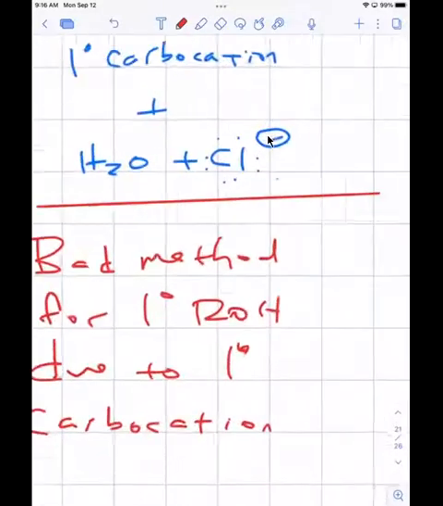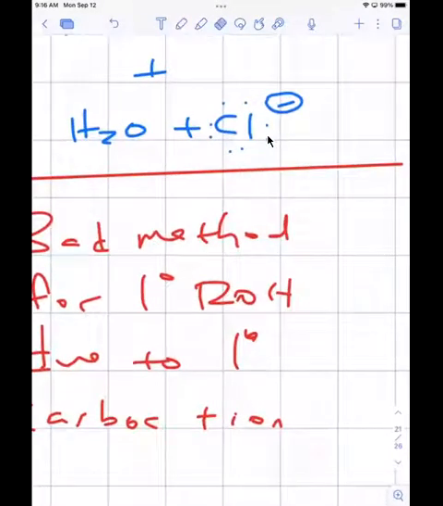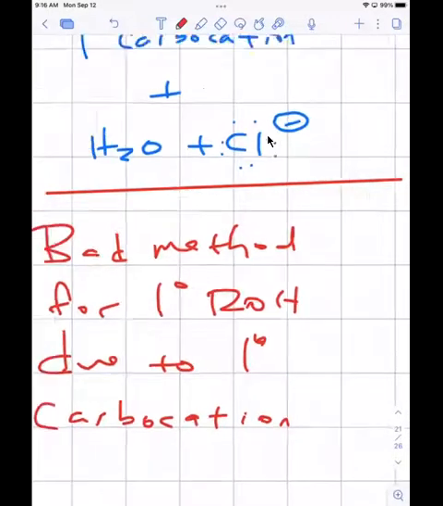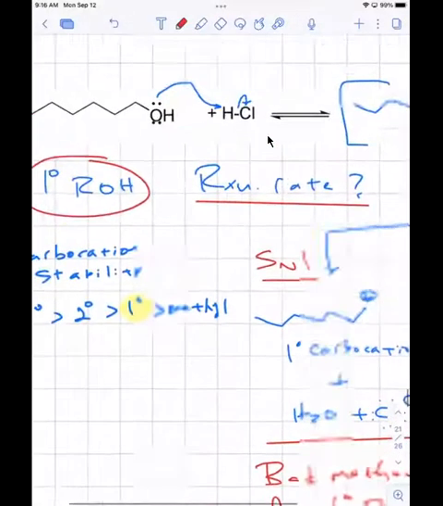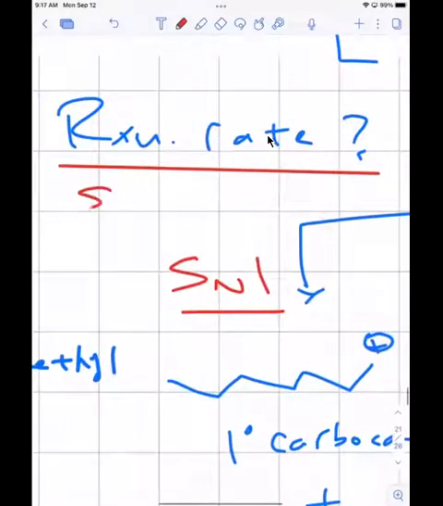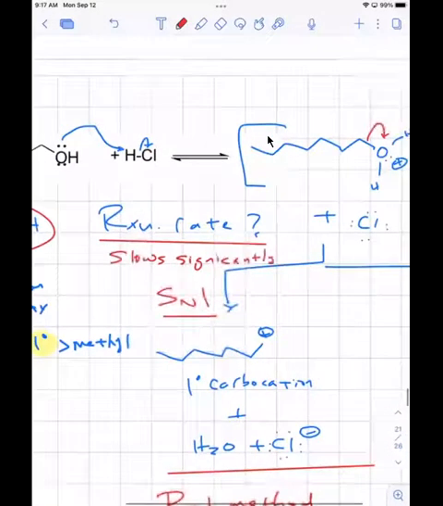That primary carbocation is going to slow that reaction down. So when I asked about the rate, I asked that question on purpose. So the rate is going to slow down significantly with a primary alcohol and this method.